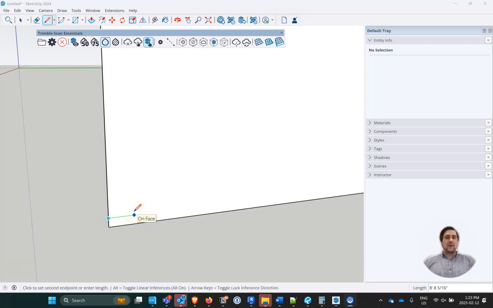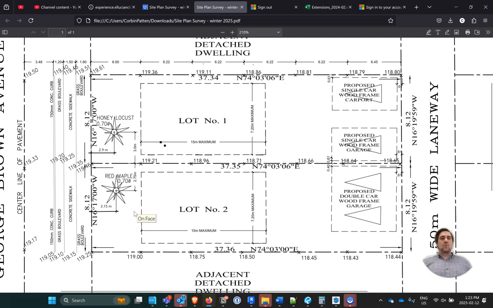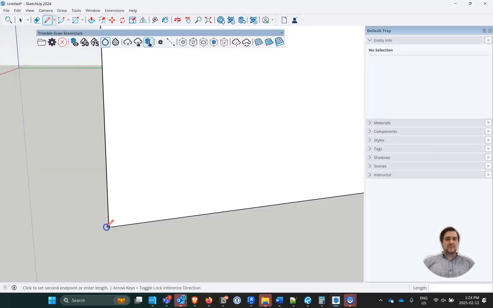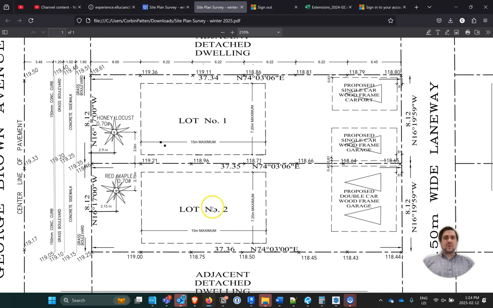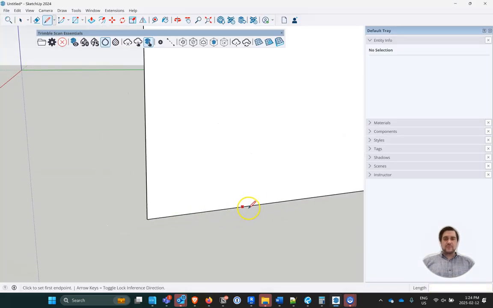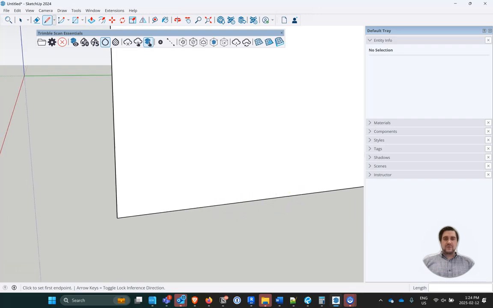And if you remember from over on our site plan, we are 6 meters over. So now I'm just going to draw another point, and I'm actually going to do this at the bottom. So we're going to go at the bottom here. We're going to go over 6 meters. And the next one is over 6.22. Where's my 6 meters?